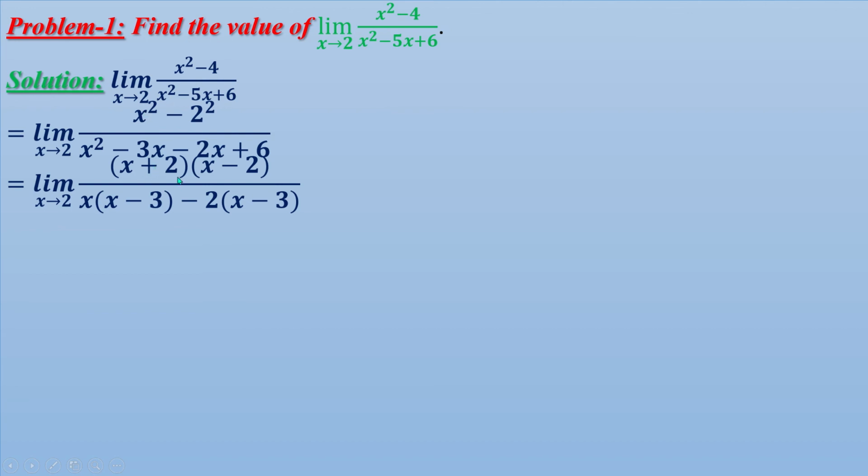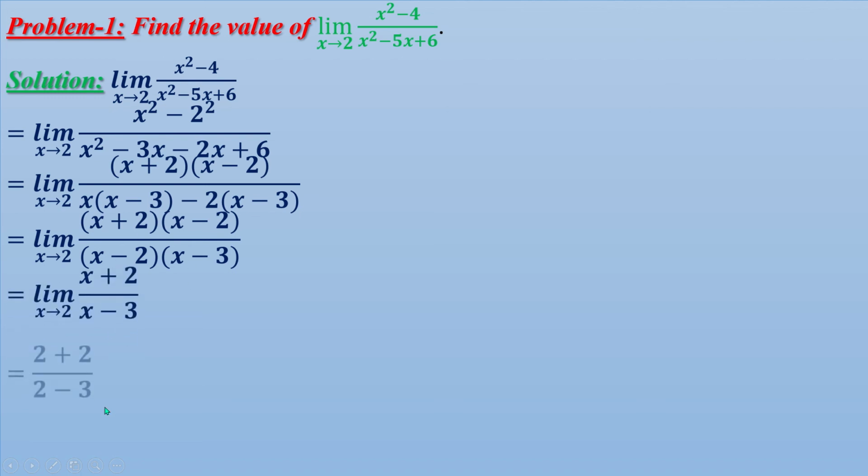So the numerator will be x plus 2 into x minus 2, and in the denominator, taking x common, x into x minus 3 minus 2 into x minus 3. So we cancel this common factor, and this equals 2 plus 2 divided by 2 minus 3. After calculation, we get -4. This is the required answer.